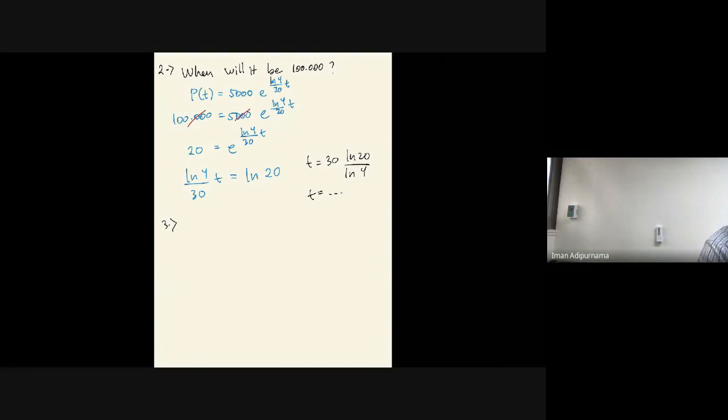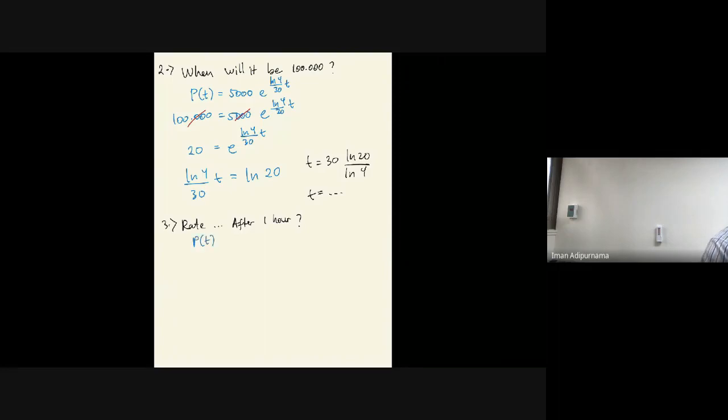The third question that is usually asked is the rate, say after 1 hour. The rate means you need to find the derivative.